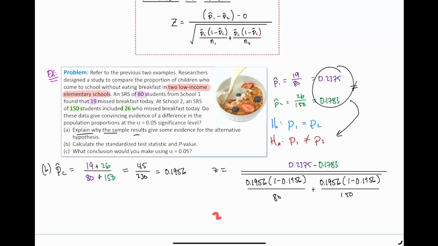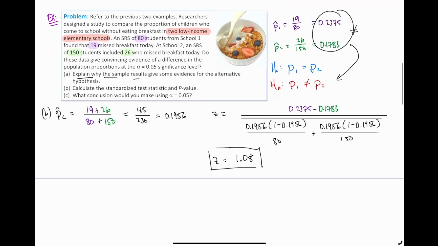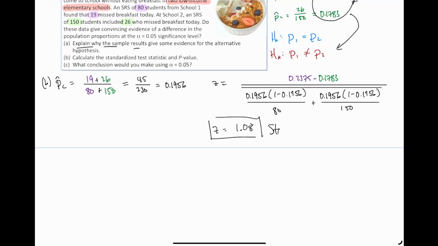That is our z-score of 1.078. Actually, I'm just going to say 1.08 because we can't really do a z-score with the other decimal. This is our standardized test statistic. Such great handwriting.